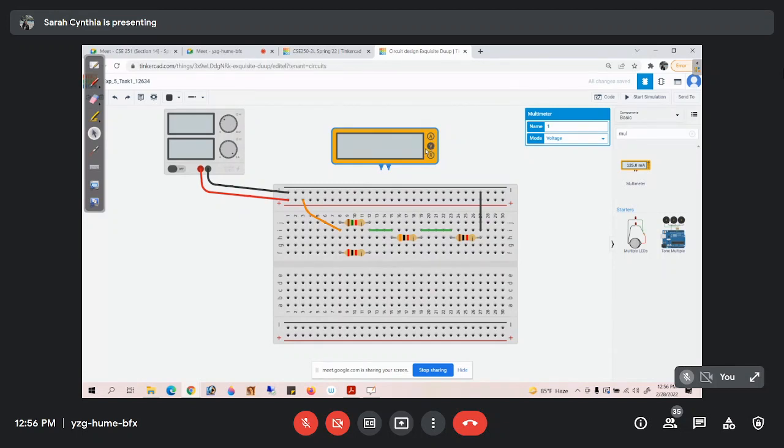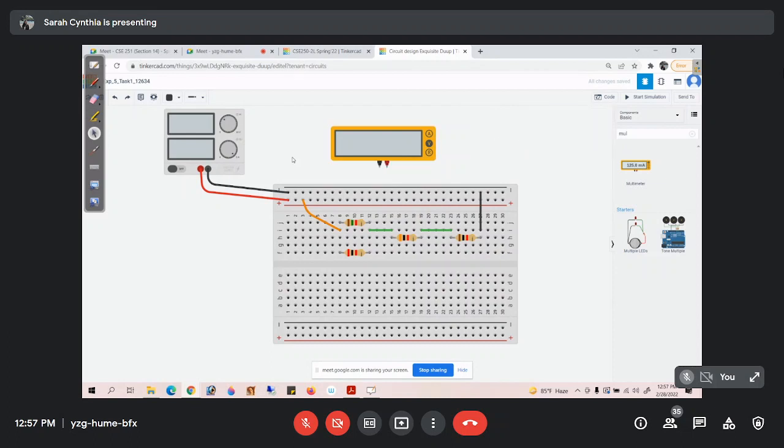It can measure voltage, current, and resistance. Some multimeters may also measure capacitance and so on. We will be measuring voltage, so please make sure the mode of the multimeter is set to voltage. It's set to voltage by default, so you do not have to change anything.